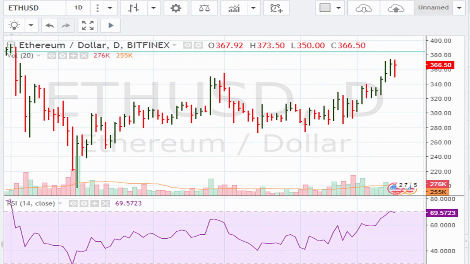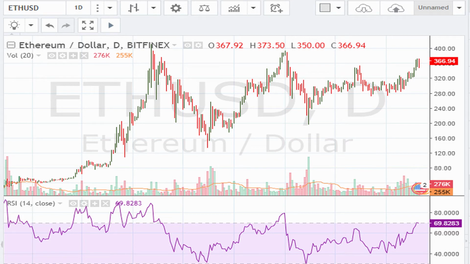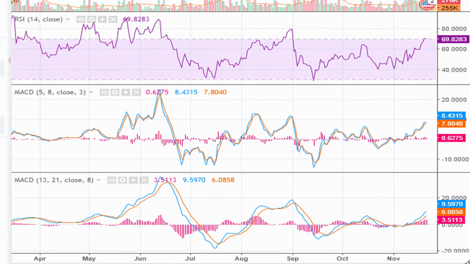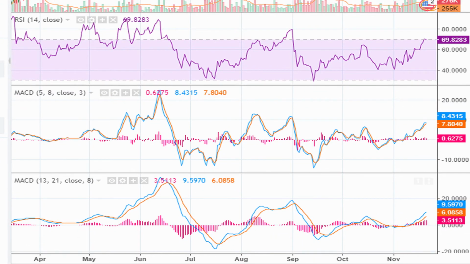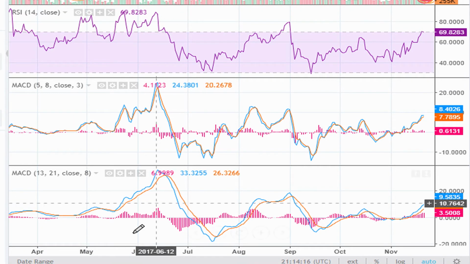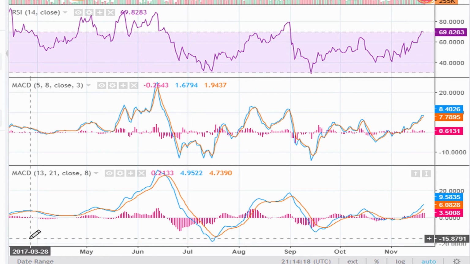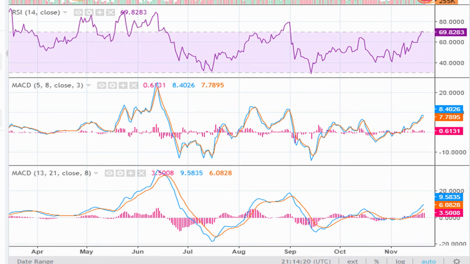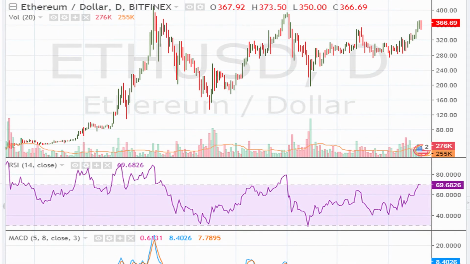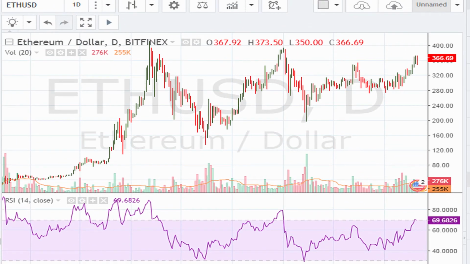So if you take a look at Ethereum going back to July, let me show you the time frame here on a daily chart. So we're talking about from about April of this year. So bear with me. From about April of this year to the current chart, of course today being November 22nd, I want to show you what Ethereum daily looks like.